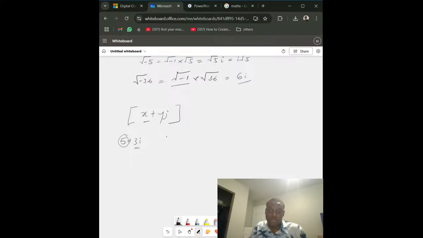Let's say it was this way instead. It was roots. Let's say you had 5 plus root minus 4. What would be the real and what would be the imaginary part? So this would basically be 5 plus, remember again, root minus 1 times root 4.